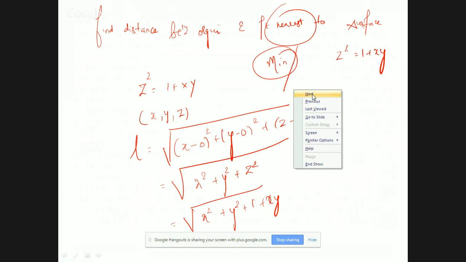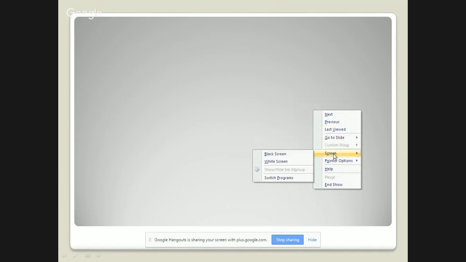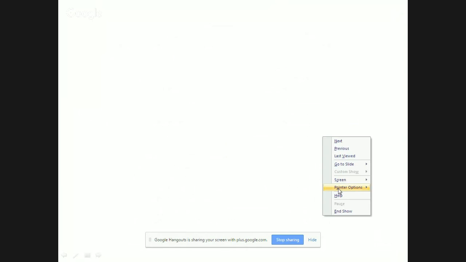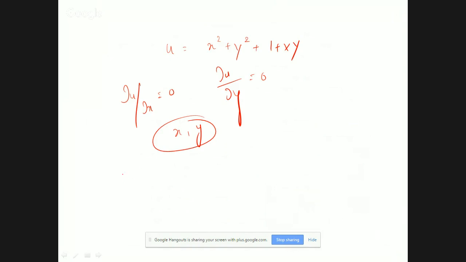So what we are going to do? Let us take that as u. Now it's very easy. We find ∂u/∂x = 0, ∂u/∂y = 0. Then you will get x and y, and then you have to substitute in r, s, and t.